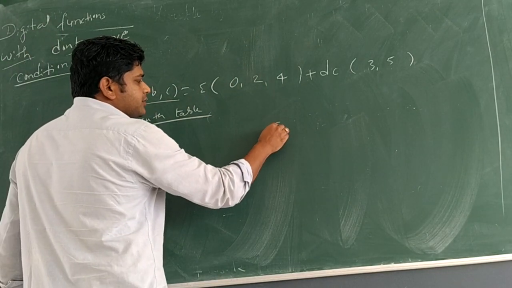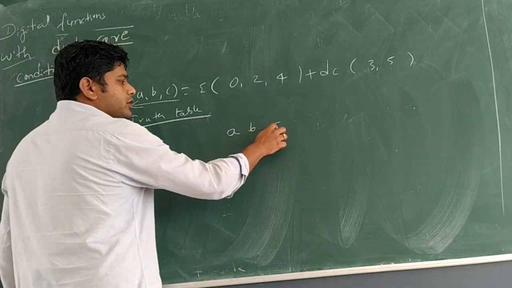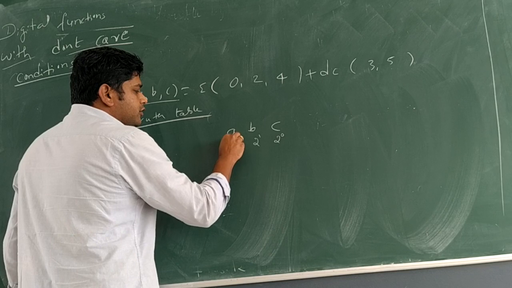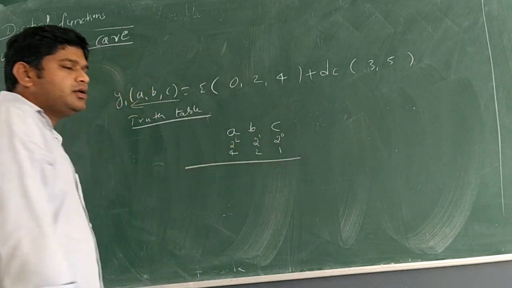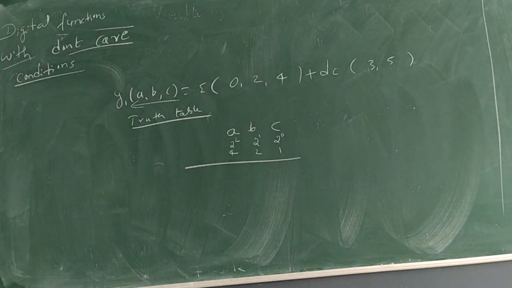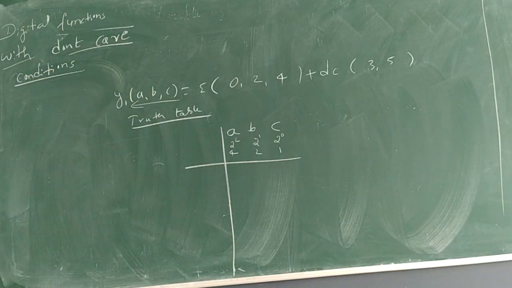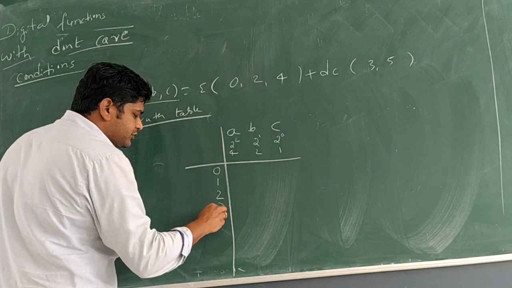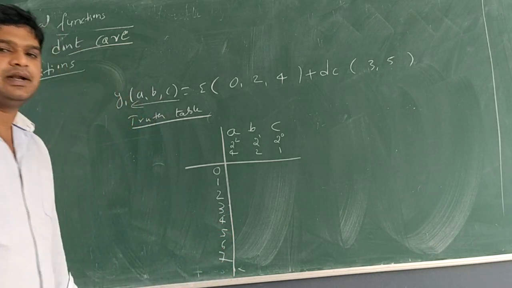So here it is C, then B, then A. What is the power, the magnitude of C? 2 raised to 0, 2 raised to 1, 2 raised to 2. The values are 1, 2 and 4.